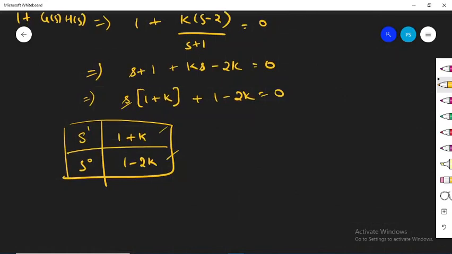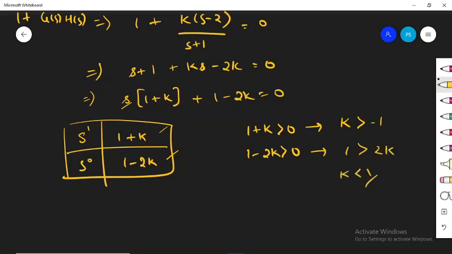So I'm taking 1 plus k, it should be greater than 0. 1 minus 2k also should be greater than 0. So from here we'll get the condition that k should be greater than minus 1, and from here we'll get the condition which is 1 should be greater than 2k, or k should be less than 1 by 2.